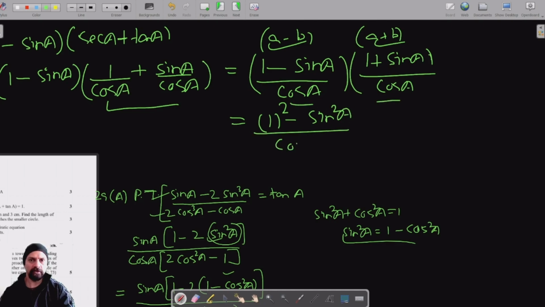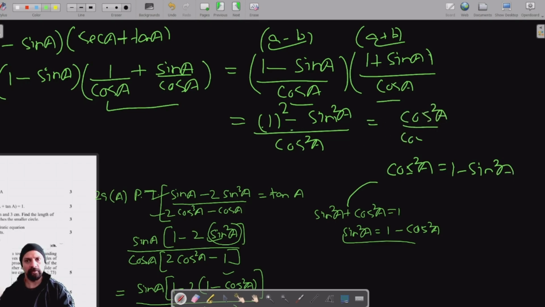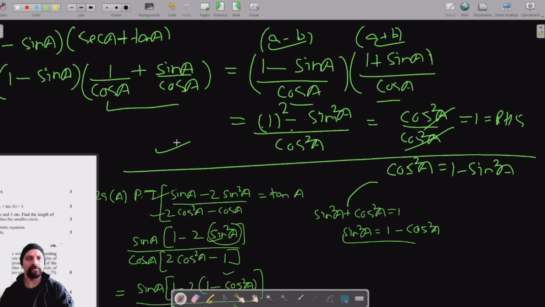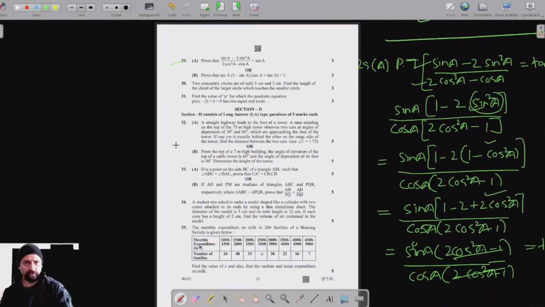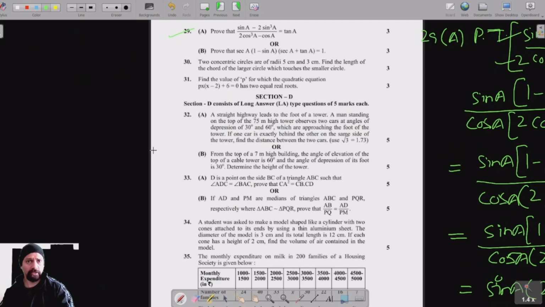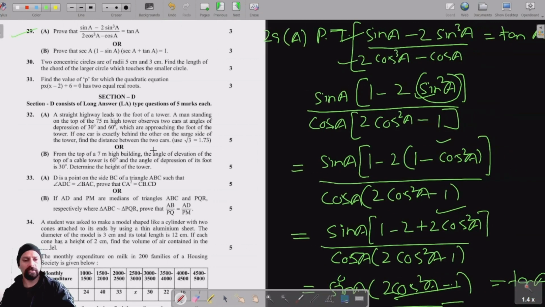Cos A into cos A is cos square A. Now we have 1 minus sin square A. From this identity we can get that 1 minus sin square A is cos square A. So instead of 1 minus sin square A, I can write cos square A, and below is cos square A. So this gets cancelled, and it is equal to 1, which is equal to RHS. So this solves both identities for question number 29, and let's move on to question number 30.